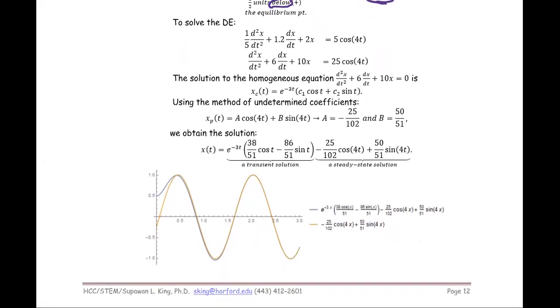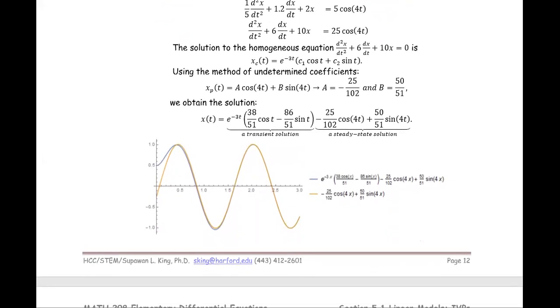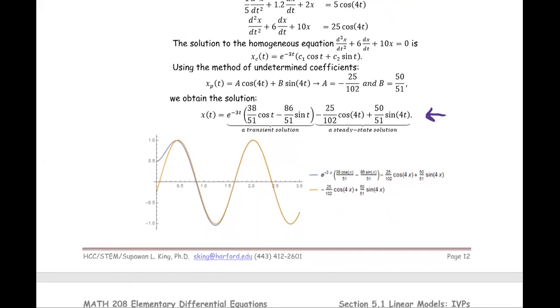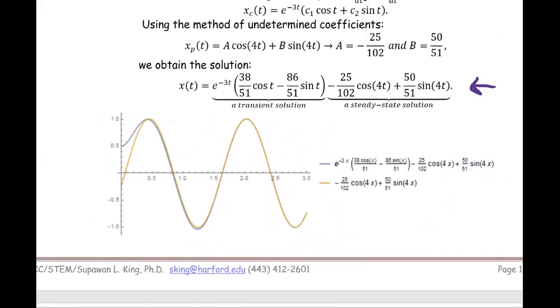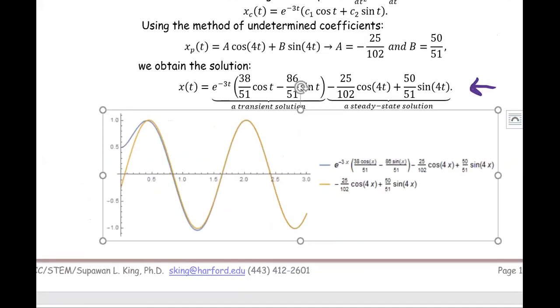As you see, it's going to take about 2 pages to get to this solution. For the graph explaining the behavior, let me expand it a little bit. The blue curve is behind the yellow curve.